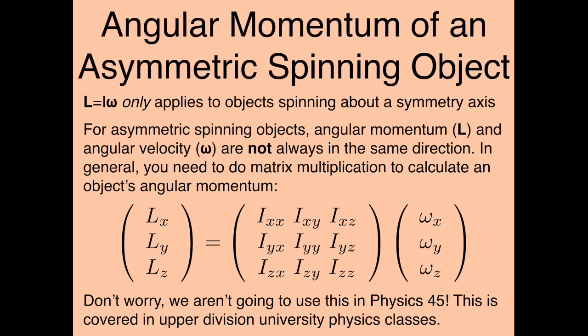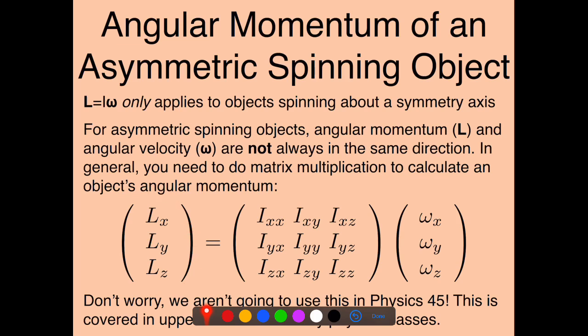For an asymmetric spinning object, the angular momentum vector L and the angular velocity vector omega will not always be pointing in the same exact direction. In general, if you want to figure out what the relationship between L and omega is, you need to do matrix multiplication. So the idea is we have L, which is a vector with x, y, and z components.